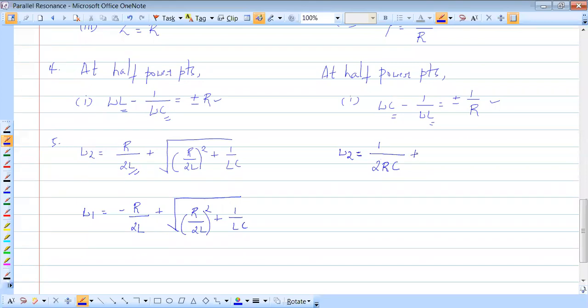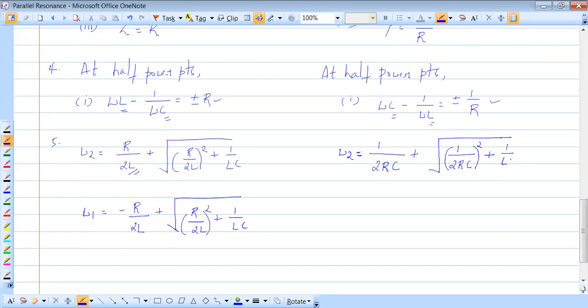Plus square root of, now tell me. This R would become 1 by R. So anyways 2 is there, so it's 2R, and L would become C. So square of this term. What would be the next term here? It says 1 by LC. What would 1 by LC become? It would be the same.